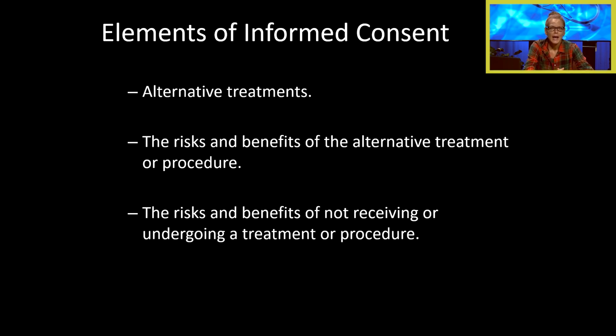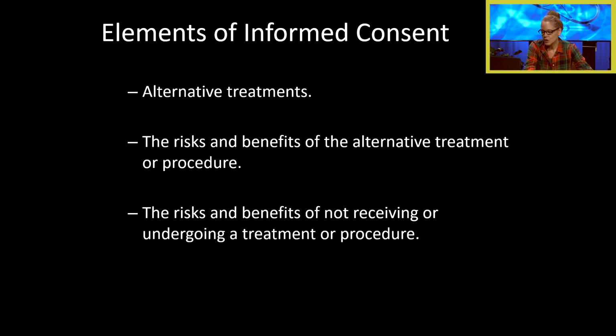We need to have alternative treatments sometimes listed on the informed consent, the risks and benefits of the alternative treatment or procedure, and the risks and benefits of not receiving or undergoing the treatment or procedure that is proposed. Okay?